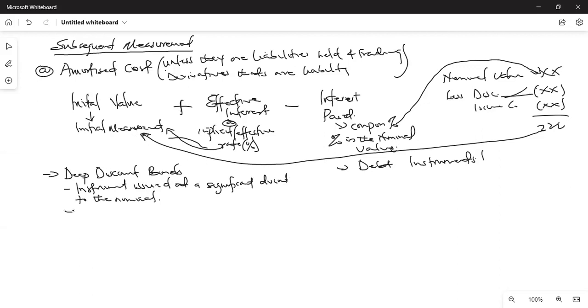These are things that may come for you to state. So the coupon rate is usually lower than the market rate.